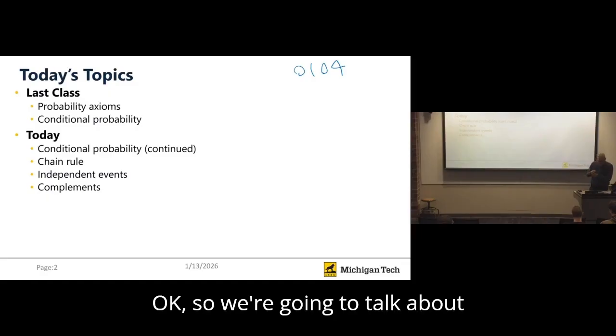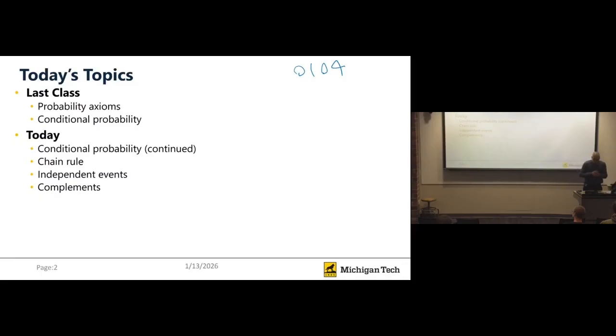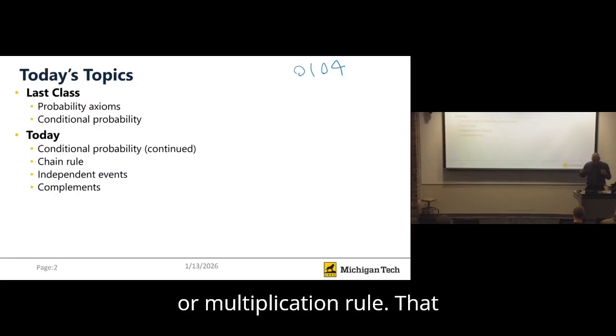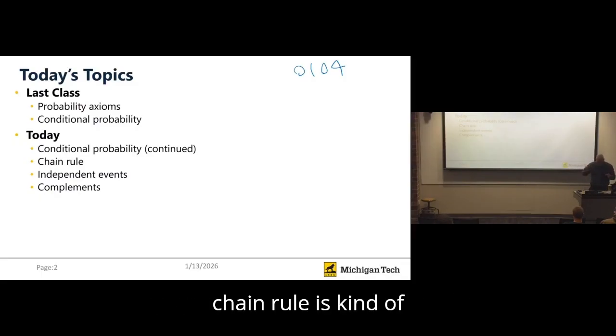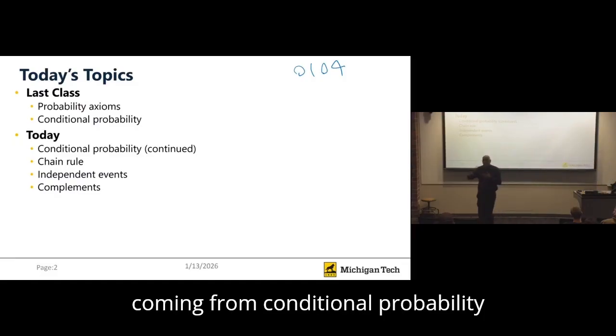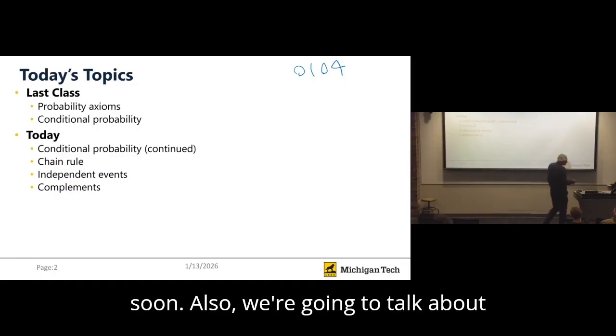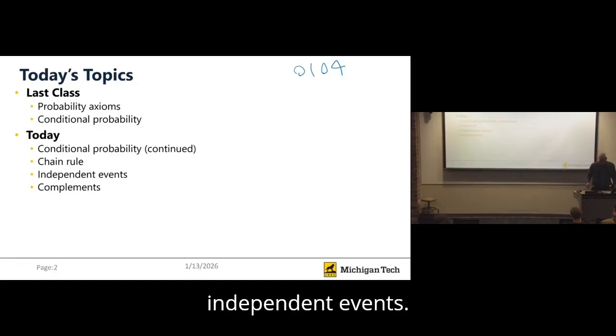Okay, so we're going to talk about conditional probability, chain rule, or multiplication rule. That chain rule is kind of coming from the conditional probability formula. We're going to see that soon. Also, we're going to talk about independent events.